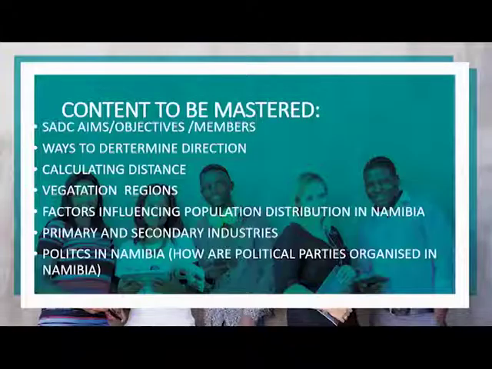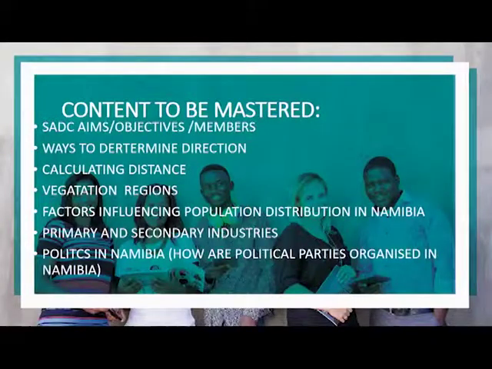And then factors influencing population distribution in Namibia. Again, why do we find specific people where we find them, like the number of the population? Why is that the case? We know very well that the northern part of Namibia is densely populated.